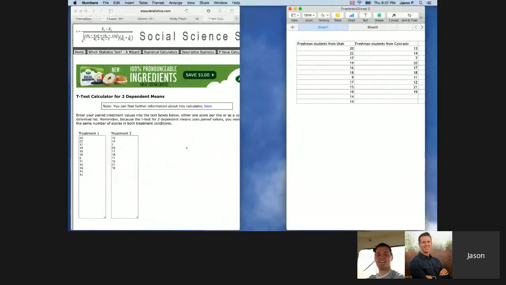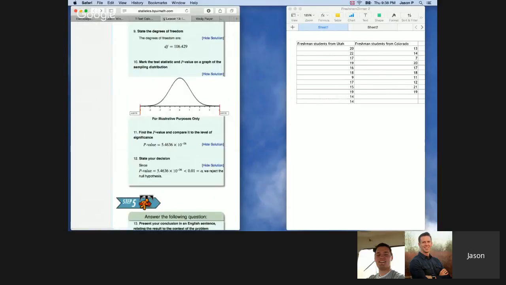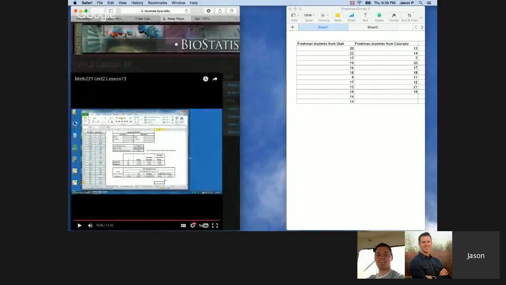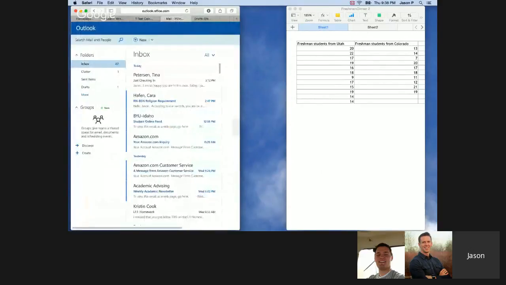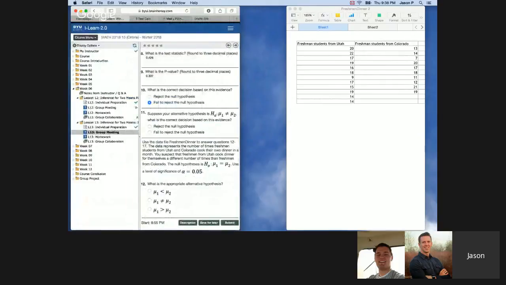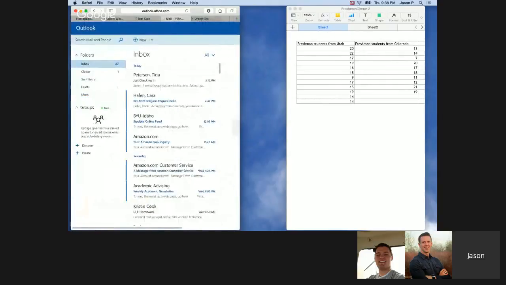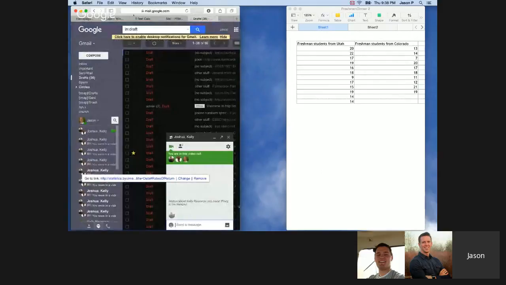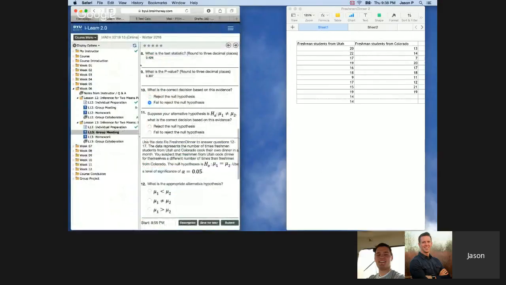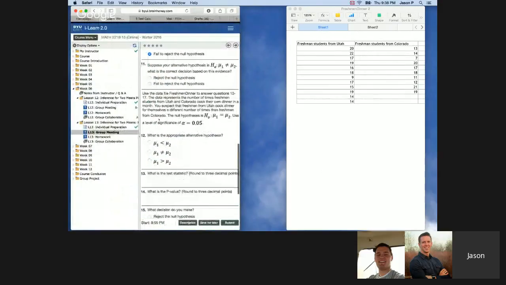Okay. Awesome. And then we're going to go back to the problem here, and it looks like we're going to be using, so the null hypothesis, they're supposed to be equal to each other. So is that going to be two-tailed still? Well, we're supposed to test the alternative, right?